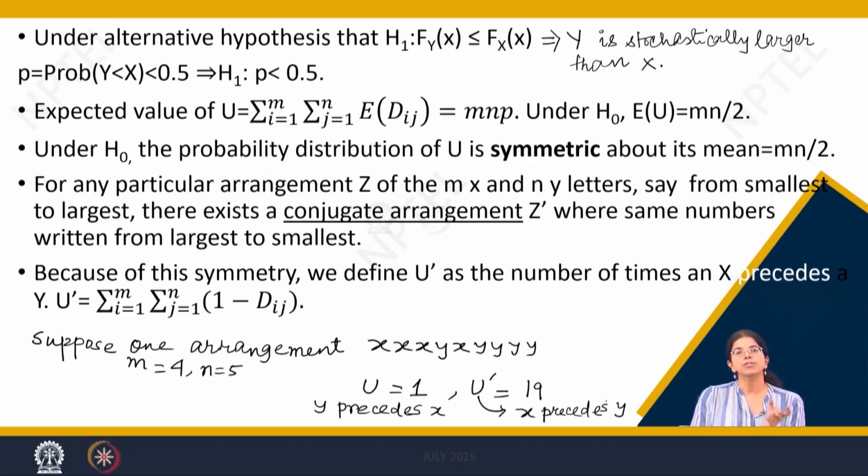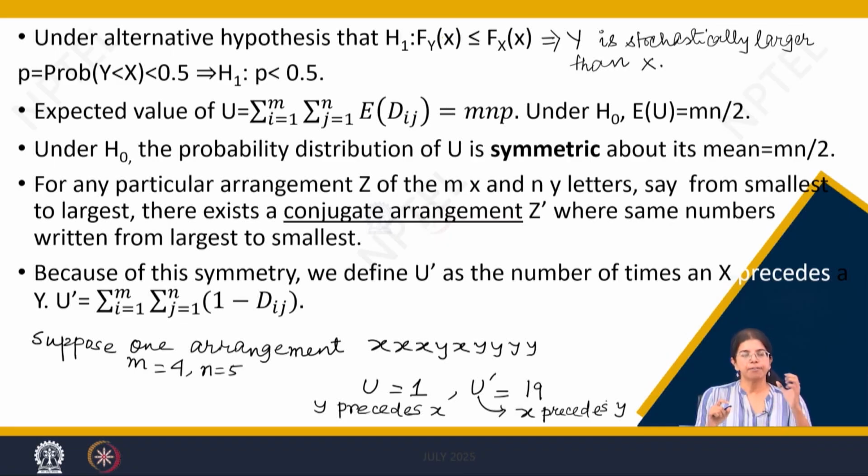That's why U is also symmetric. For a particular arrangement Z of the m x's and n y's, from smallest to largest, there exists a conjugate arrangement Z prime where the same numbers are written from largest to smallest.